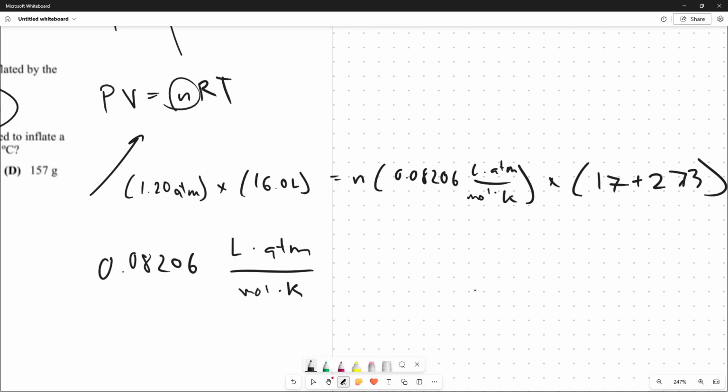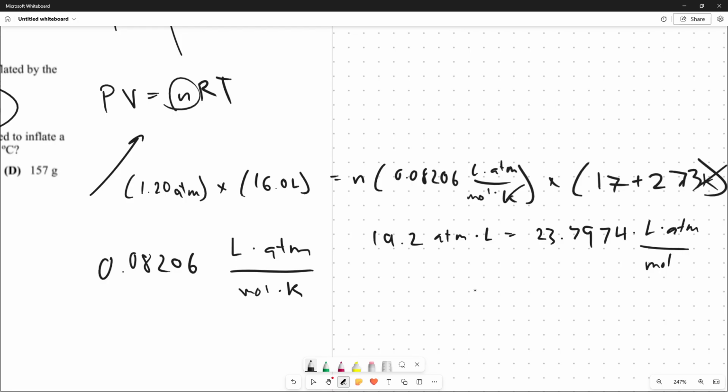So once you do this, we're going to be at 19.2 atm liters is equal to, I think that's 23.7974, and this is going to be K, right? So once you multiply this, Kelvins are going to cancel, leaving liters atm over moles.